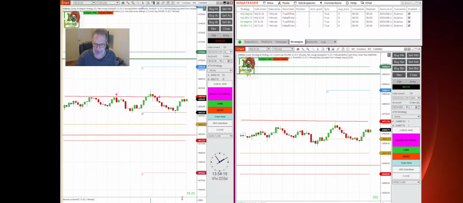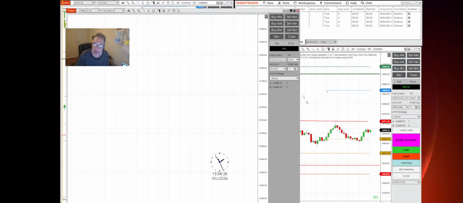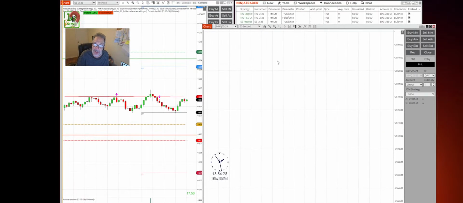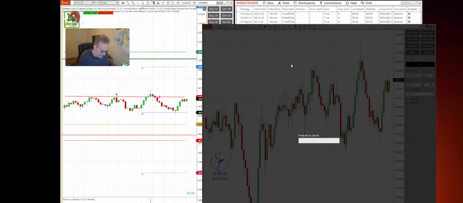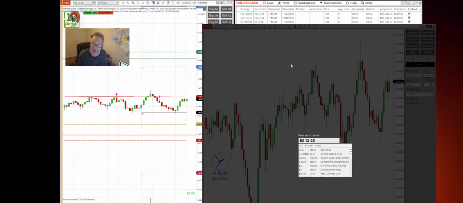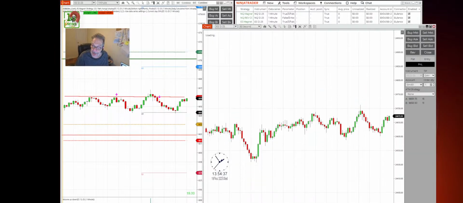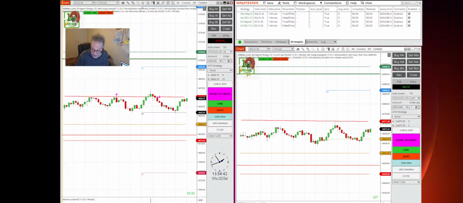Let's set up a test trade of the trap. Let me set up an extra chart. I should have an extra random chart lying around. There's one. Let's make this chart the ES. Now it's got no indicators on it. Let me see if I have a better chart available. I should have one more.